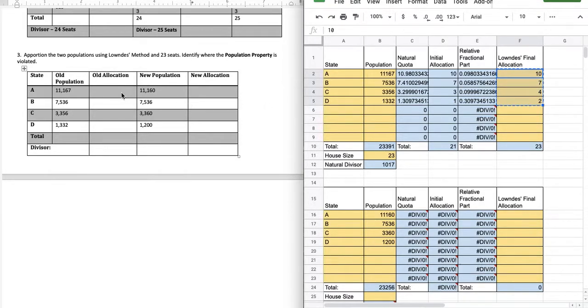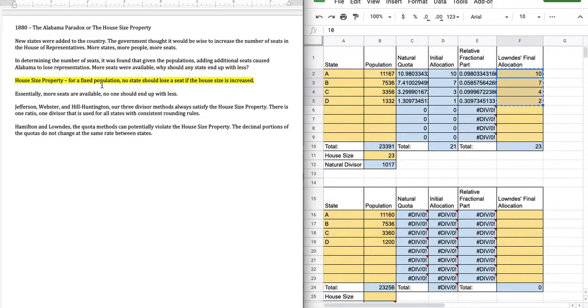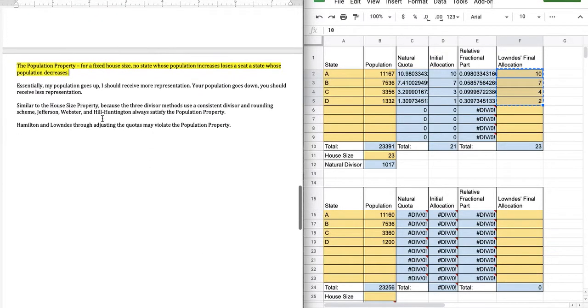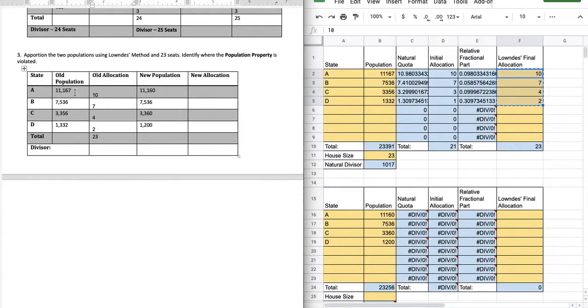So those values over to the left, that is our old allocation. We have 23 seats. We were at 10, 7, 4, and 2. Now we're trying to show the population property is violated. House size is fixed. No state whose population increases loses a seat to a state whose population decreases. So we're looking for which states have a population increasing. So we were at 11,167.